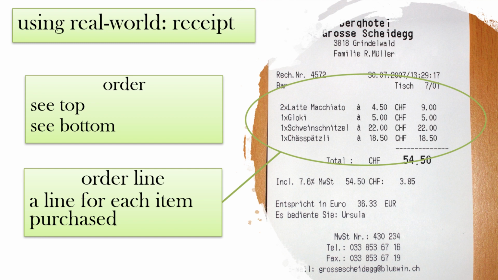The top and the bottom of the receipt show a lot of order details, but in the middle we have different lines that show the items, the amount of items, the cost of the item, and the total cost of that line. So we could create another table called order line, and then put those lines inside that table, and then relate that order line to the order number from the order table or entity.